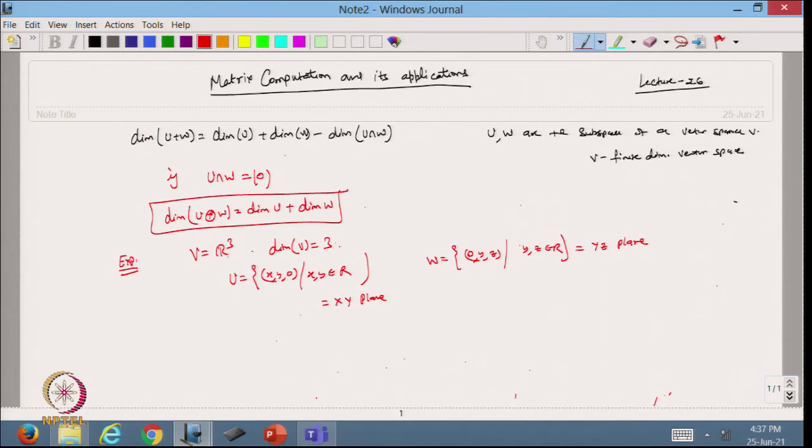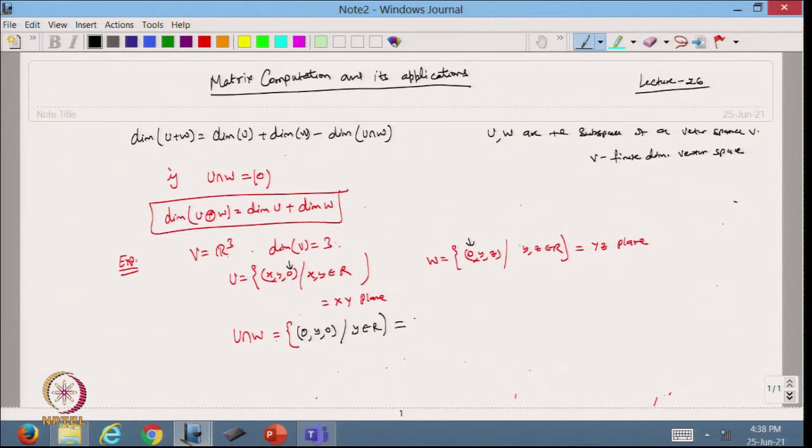Now, if I take U intersection W, it will contain all the elements whose third coordinate is 0 because they come from U, and whose first coordinate is 0 because they come from W. So it contains only the elements (0, y, 0), where y belongs to the real line.